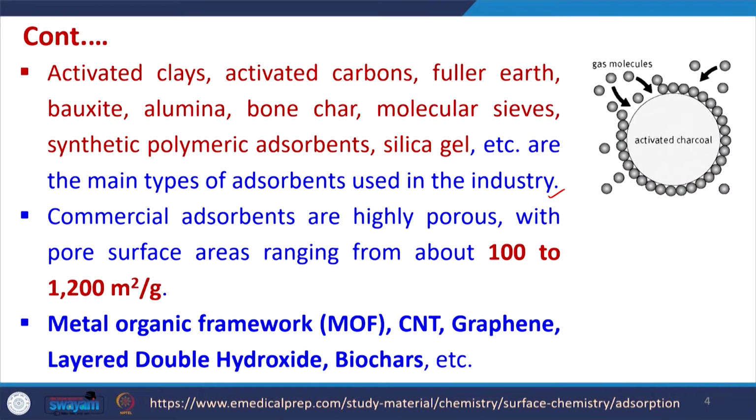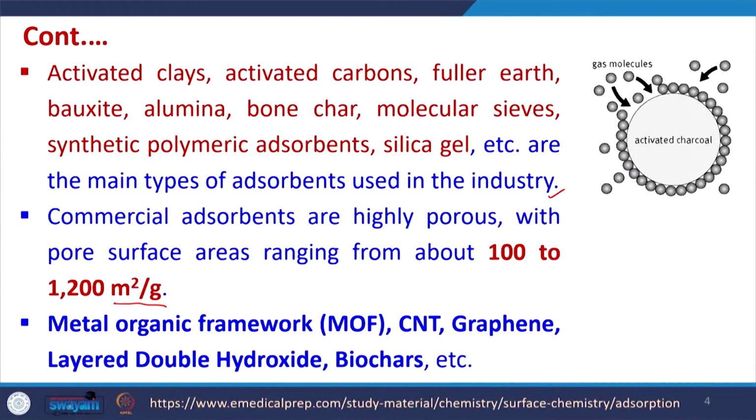Whenever we are selecting any adsorbent, one of the foremost and important properties of the adsorbent which is desirable is the surface area. So, most of the commercial adsorbents generally we require may have surface area in the range of 100 to 1200 meter square per gram. Remember, it is meter square per gram. So, that is a very huge amount of area per unit mass of the adsorbent, and this is what is desirable.